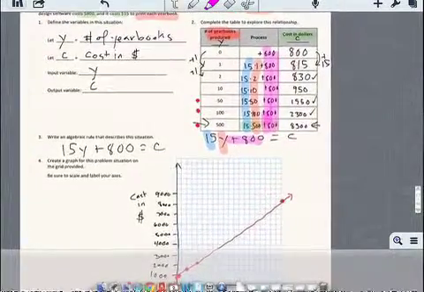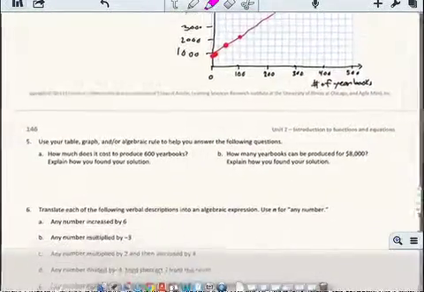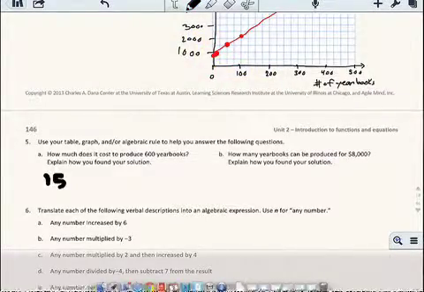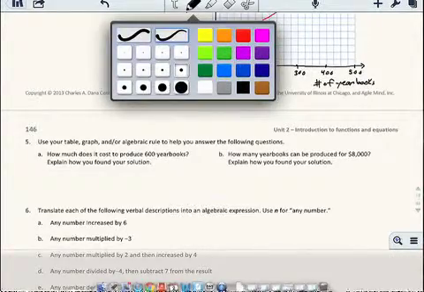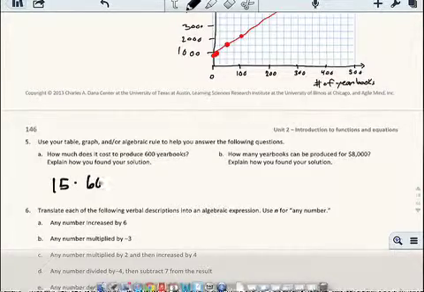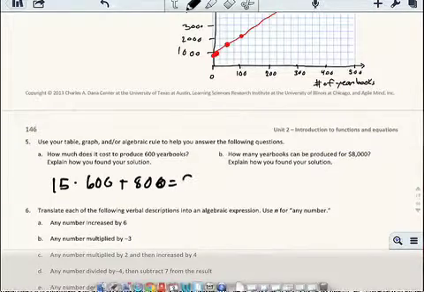Because if I know the input of y, I multiply it by 15, then add 800. And so that's what I'll do. I'm going to do 15 times 600 plus 800 is what I need to do. 15 times 6 is 90, so that means 15 times 600 is 9,000, plus 800 is 9,800.